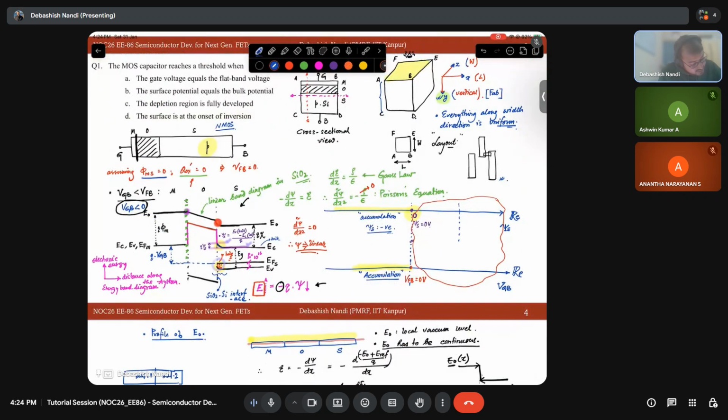Okay. So moral of the story is that beyond this point there will be a region which we call depletion, and let's say this is your threshold voltage, corresponding to 2 phi b. Beyond this we call inversion.